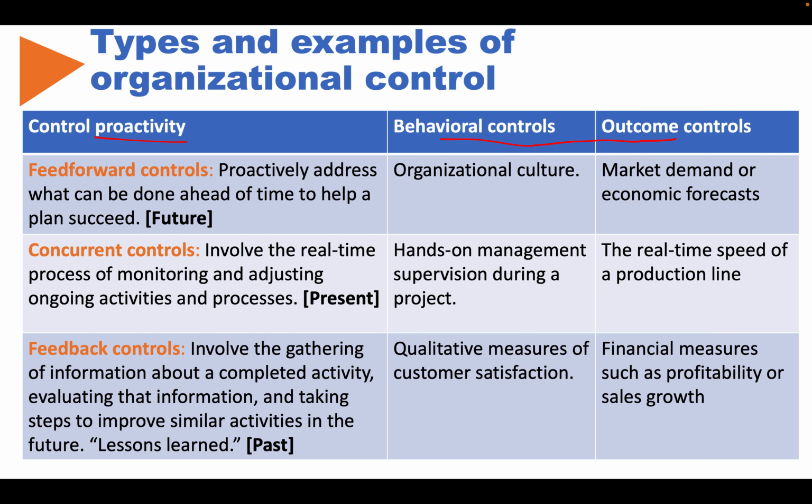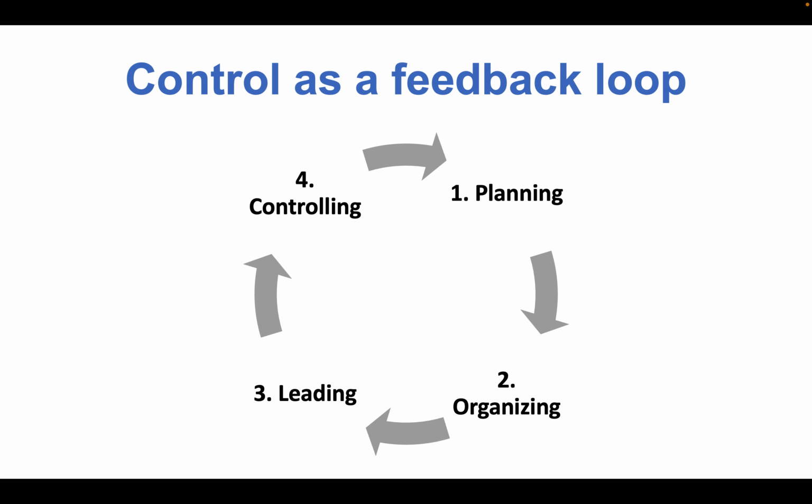We can also talk about control as a feedback loop, right? So why do you think it's helpful for leaders to think of control as part of that feedback loop in the POLC process: planning, organizing, leading, controlling?